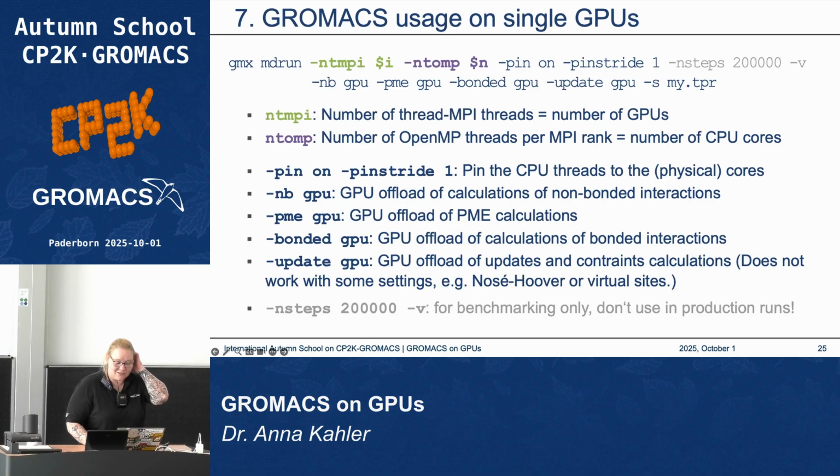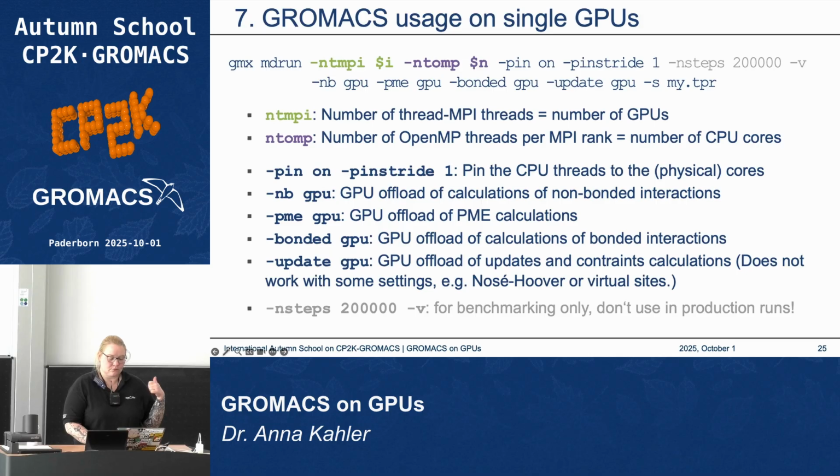Okay, and the ntomp is the number of OpenMP threads, so that uses the OpenMP implementation, and that is the threads per MPI rank, and that should be set to the same number as the number of CPU cores you have allocated or have available on your workstation.